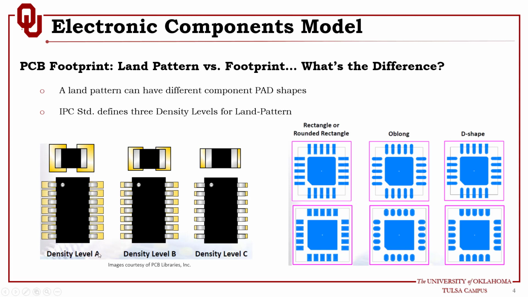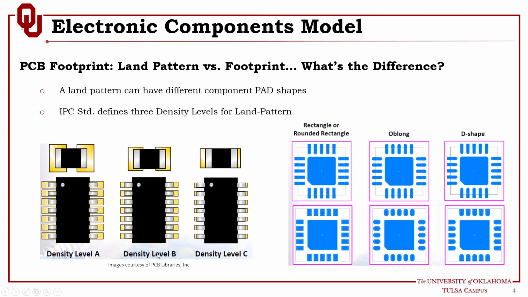We have this case, for instance. So density level A, remember, this is the maximum. Here you have an SMD resistor, and you can see the land pattern in here. This is the footprint basically, the actual pad, and the yellow one is the land pattern. So it's slightly wider and bigger than the pad to provide good solderability and mechanical relief for the component.